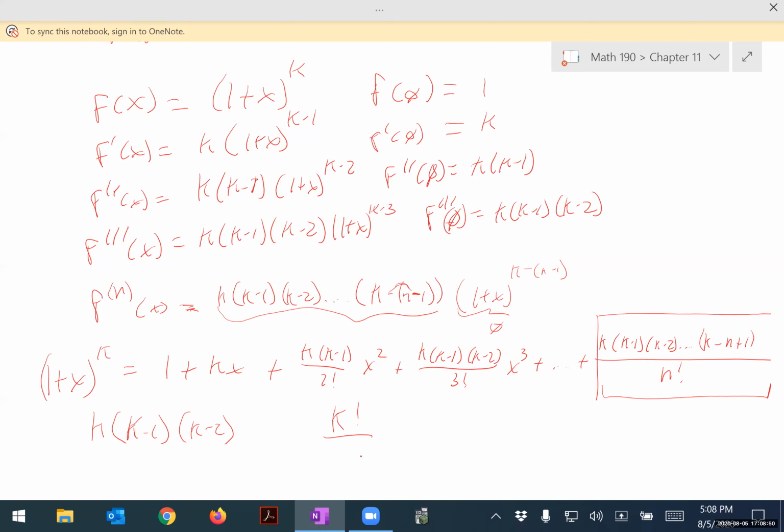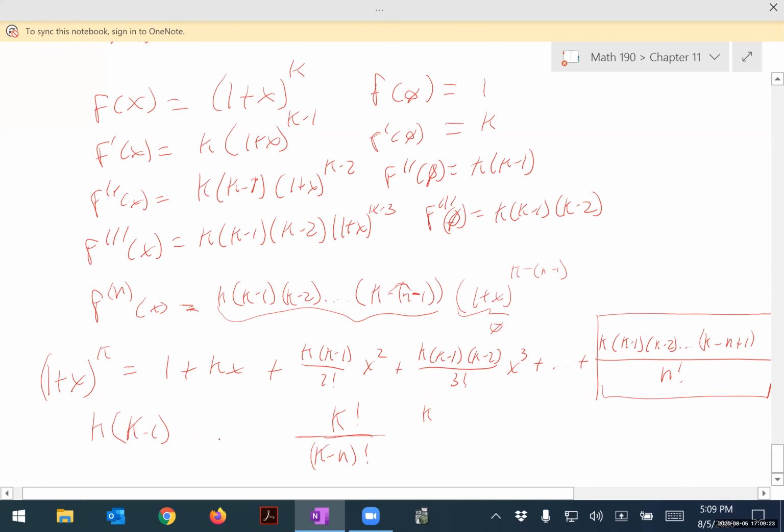K minus n factorial. So k minus n, let's see if this works. K minus n factorial. Does that work? Okay, k factorial over, so if I wanted to get k over k minus 2 factorial, so that would give me k times k, yeah, this works.